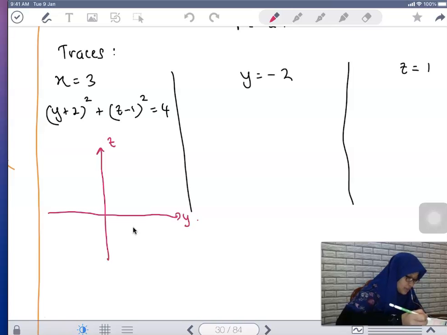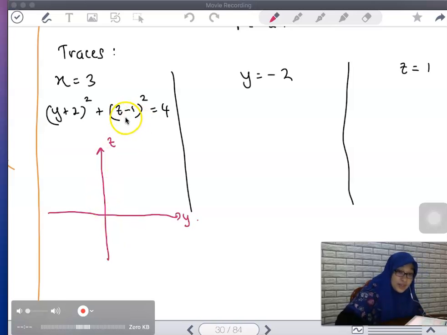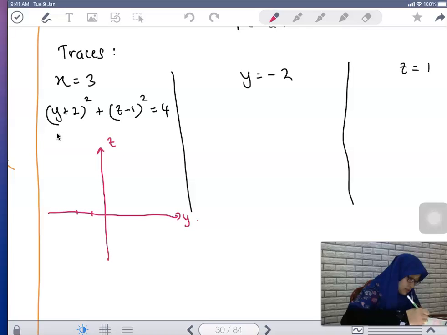Now look at where your center is. y is -2, z is 1. Here, -3, -4. Okay, so now where is the circle?